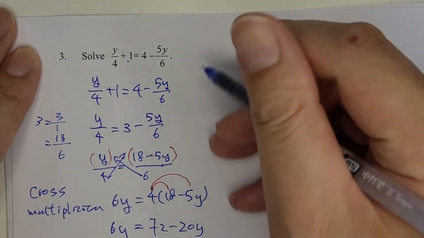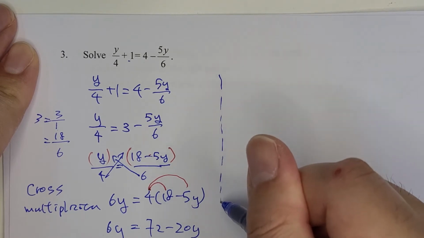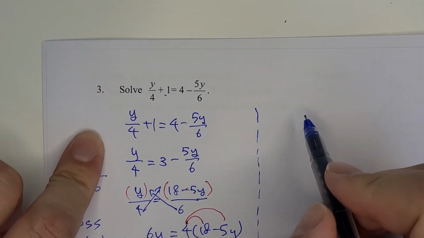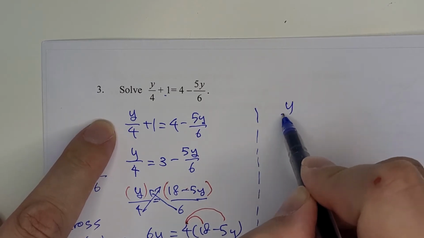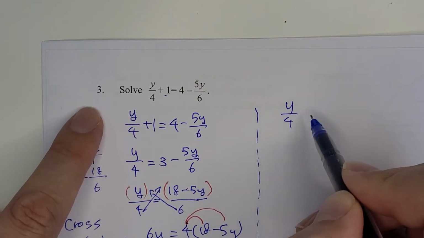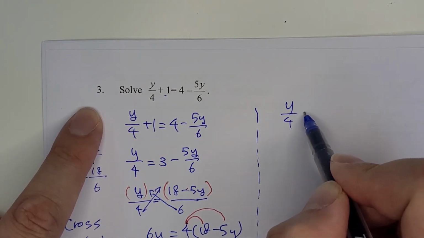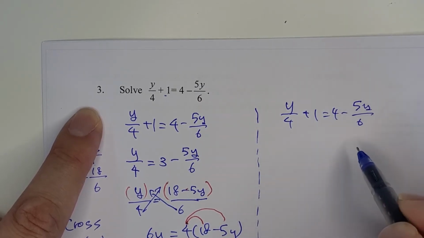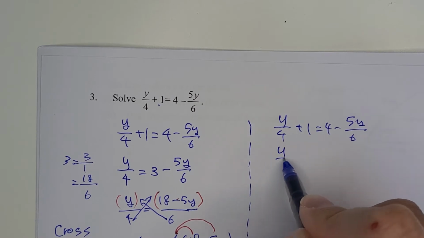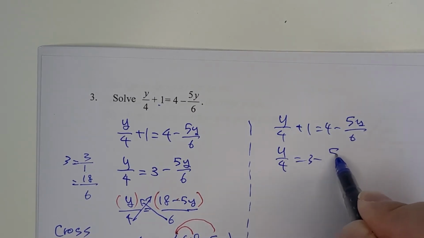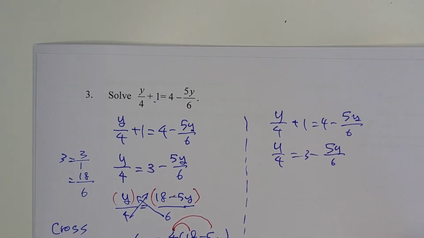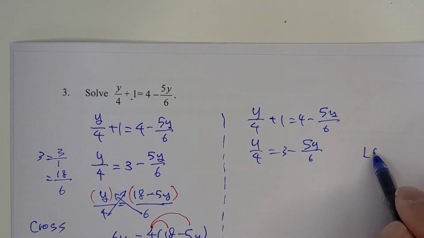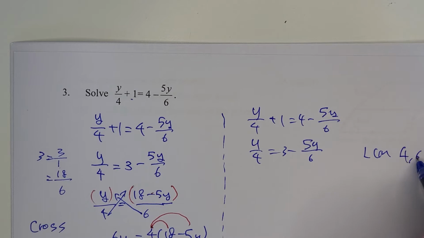How about the second method? Okay, as the first step, I also will move this positive 1 to the other side, and it becomes negative 1. Okay, that's the first step I will do. Next, I will find the LCM of 4 and 6.